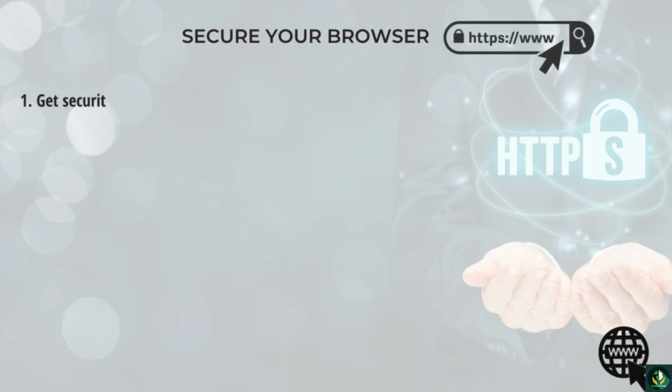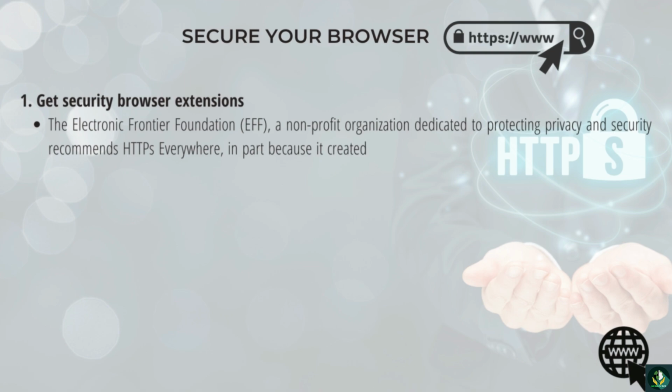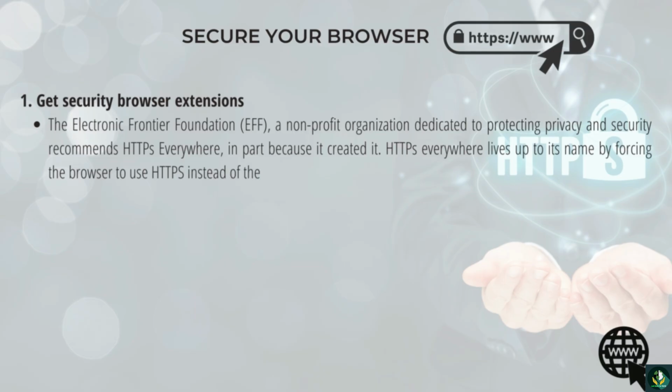The Electronic Frontier Foundation, or EFF, a nonprofit organization dedicated to protecting privacy and security, recommends HTTPS Everywhere, in part because it created it. HTTPS Everywhere lives up to its name by forcing the browser to use HTTPS instead of the default unsecured HTTP.